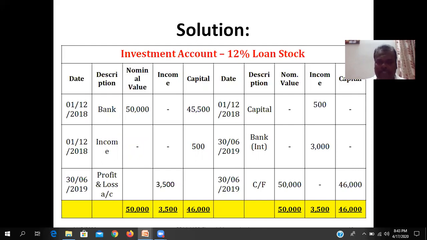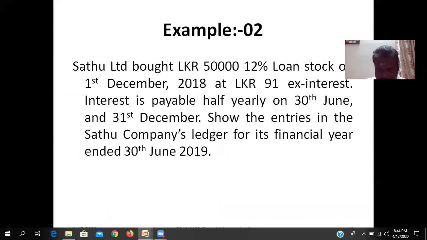So on 1st December 2018, 500 is debited to the capital column, the description income. At the same time, that 500 is credited to the income column with the description of capital. Right? So that's all. But then in the same example, we don't have any more transaction, but we had to close the account on 30th June 2019.